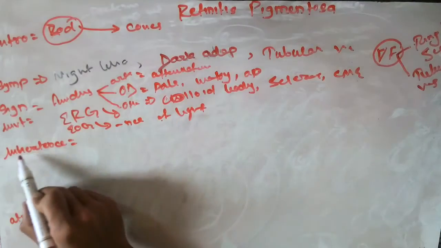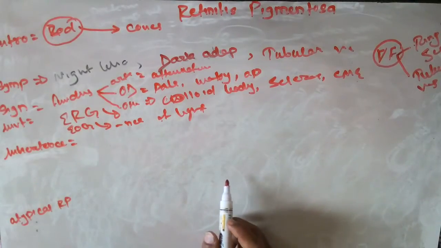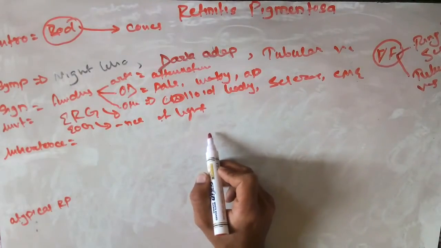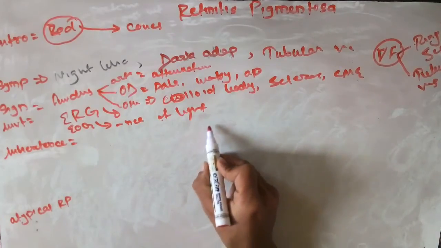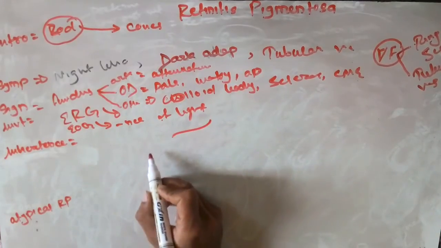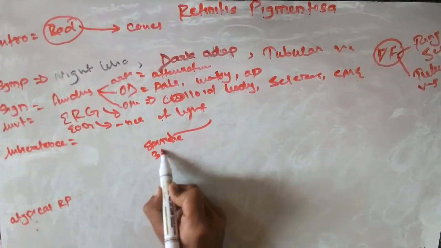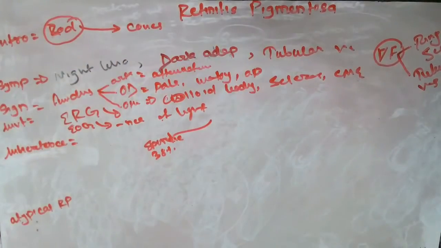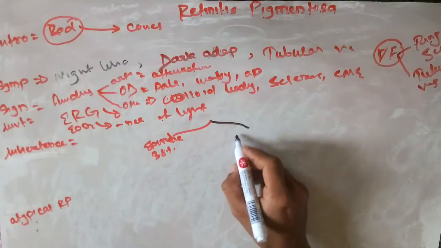Now a very important topic: inheritance of retinitis pigmentosa. It is usually transmitted with a familial history, but about 38% of cases are not familial, a sporadic disorder, meaning there is no familial association. The remaining majority has familial association, that is, an inherited disorder.